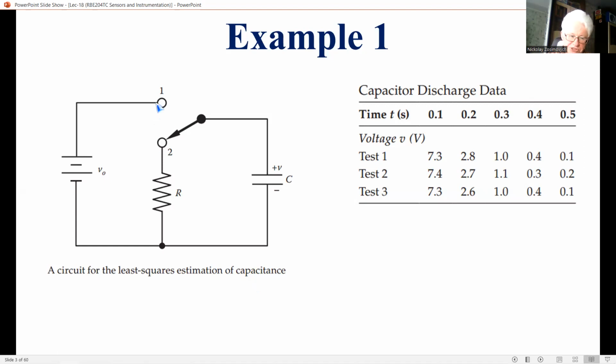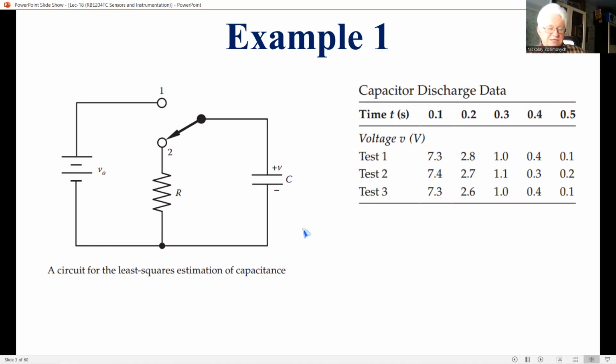Switch is in position 1. Then it is discharged through the known resistance R, switch in position 2, and the voltage decay during discharge is measured at known time instants. The repeated tests are carried out, and you can see the measured data here in the table.